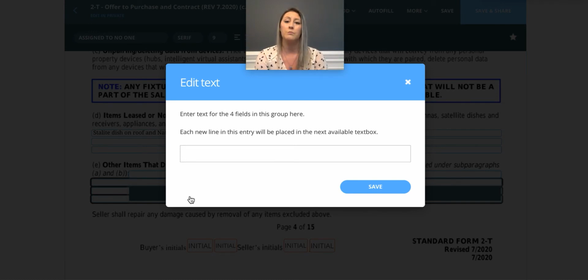This will again be in the agent remarks. They will tell you that the sellers are taking these things, so these things are not part of the sale of the house. So be sure to put that in the contract. Always read the agent remarks and the full description to make sure you're not missing anything. And this is where this stuff would go.